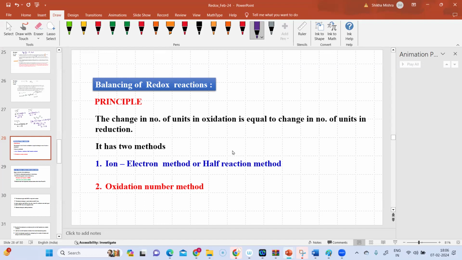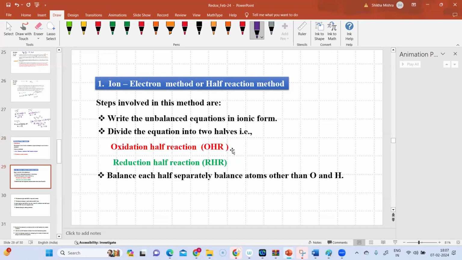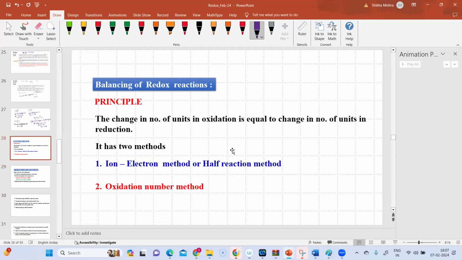Okay. So I believe the possibility is that the ion electron method will not be coming in the exam, or we still need to do it. Okay. We'll quickly see, there is nothing great in it. Great in the sense, there is of course a degree of difficulty attached to it.